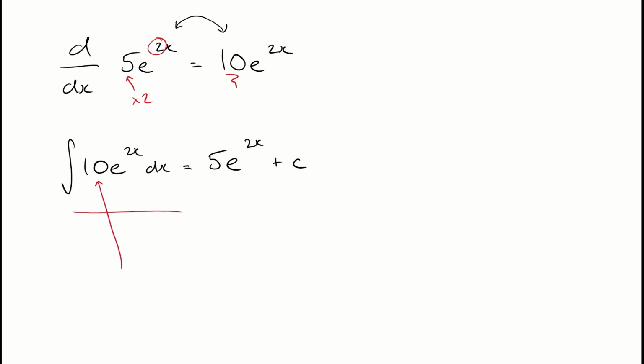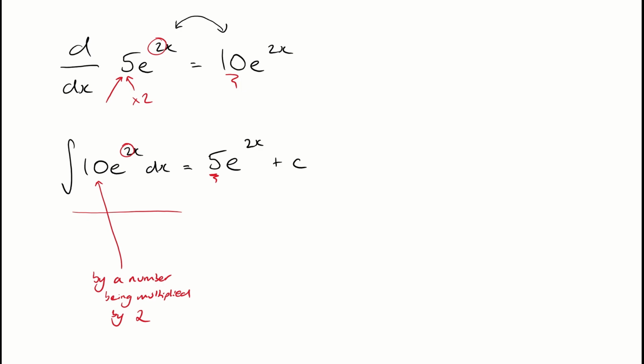And that 10 has come about by a number being multiplied by our exponent 2. Okay, and if we think about a number which can be multiplied by 2 to give us 10, that answer is of course 5. So that's kind of the reverse of what's happening up here in our derivative.